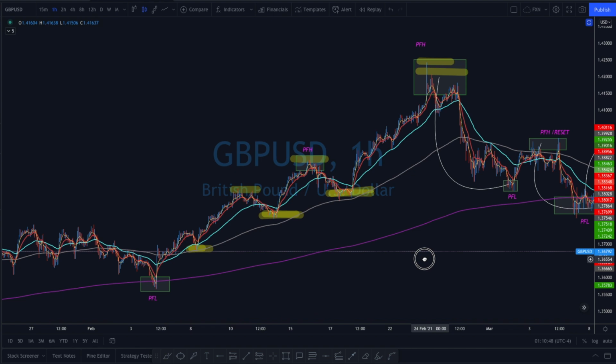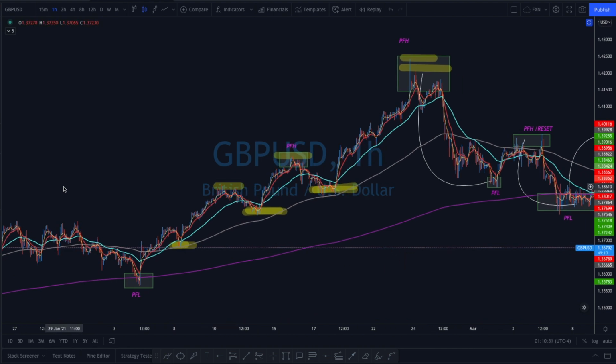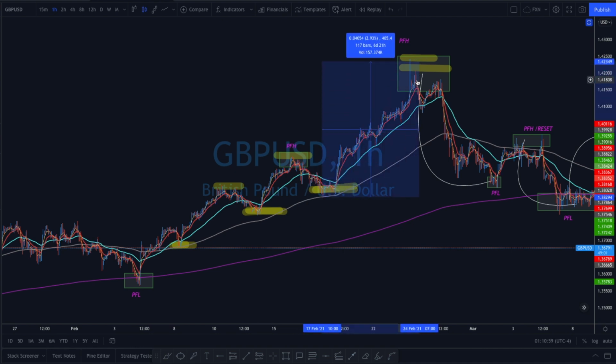Okay? And so now the only thing we have to do is essentially measure out from this to here. And what do we have? We get about 400 or so pips, right? So we take 400, we divide that by 90, and we get what? 4.4.